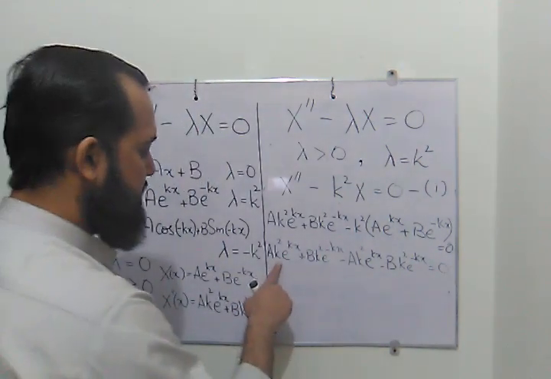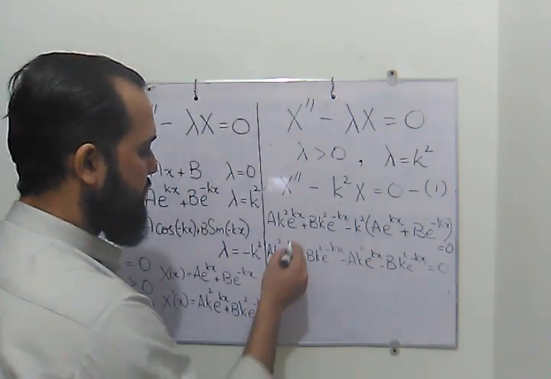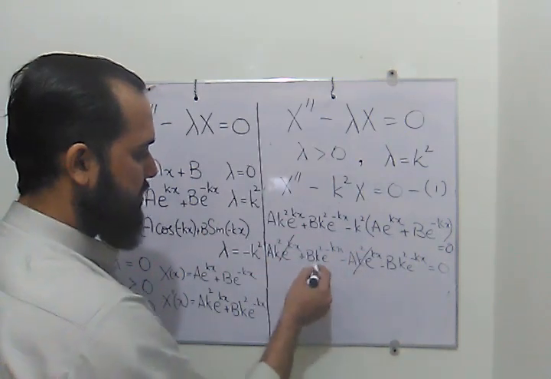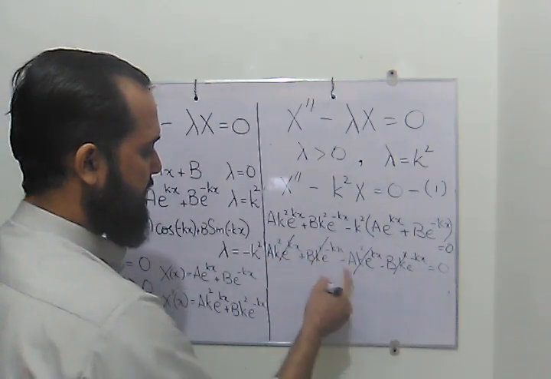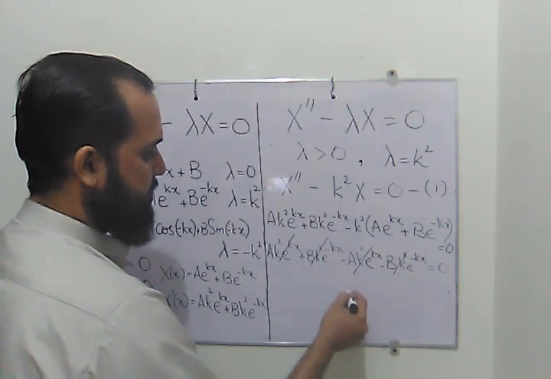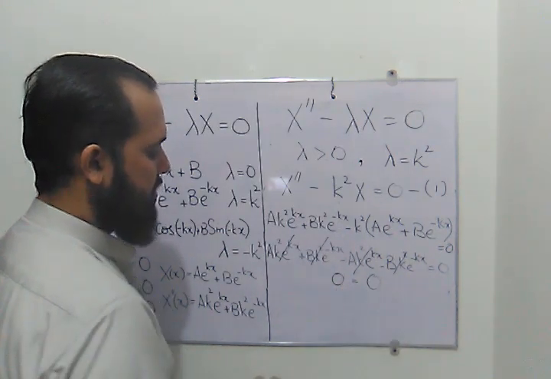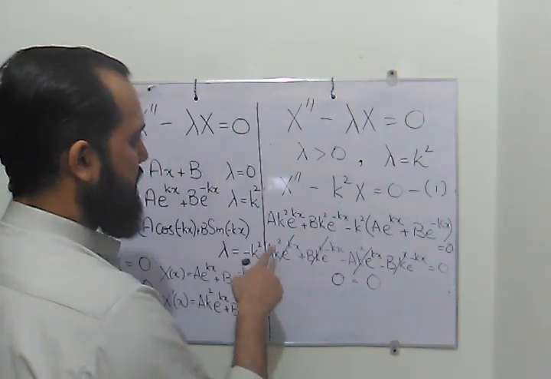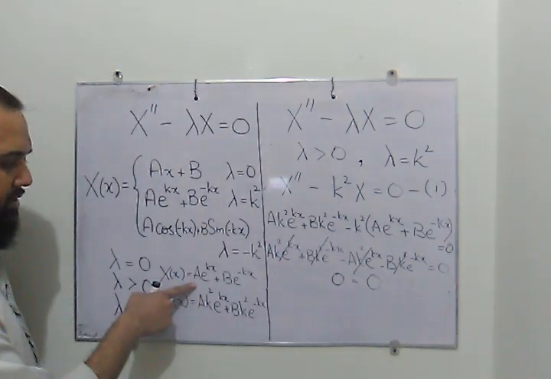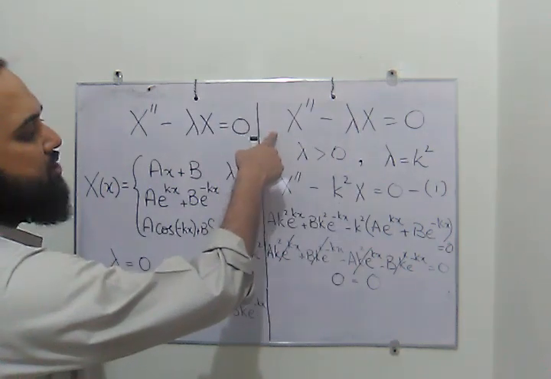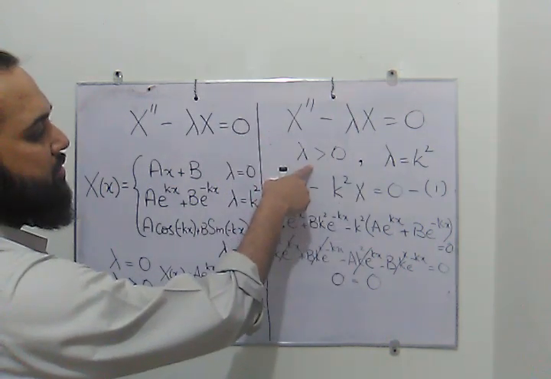We see that these both are the same terms with opposite sign. This will cancel out each other, this will cancel out each other, and then we have 0 here, which means that indeed this is the solution of this differential equation when lambda is greater than 0.